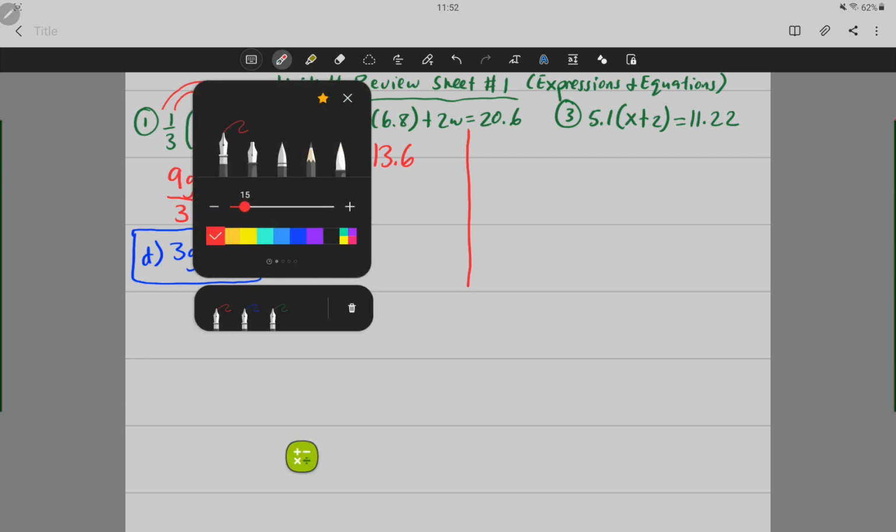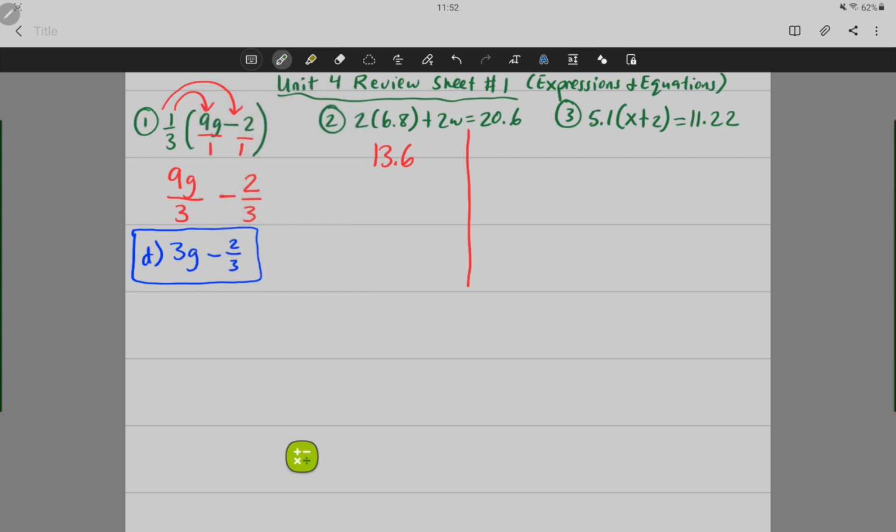Okay, bring down everything else in the problem that you have not used yet. So plus 2w equals 20.6. Now we have 2 steps to perform. We want w to be isolated by itself on the left side, but looking at it, we should see that it has a constant in front of it, the term positive 13.6. So the opposite of a positive is a negative.